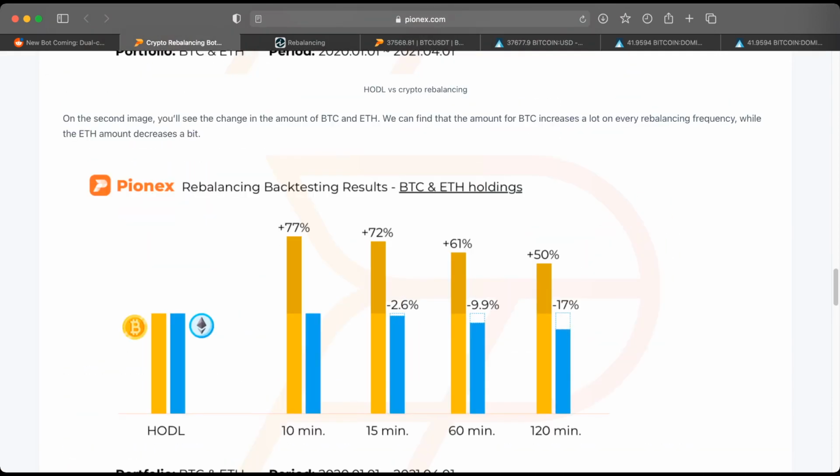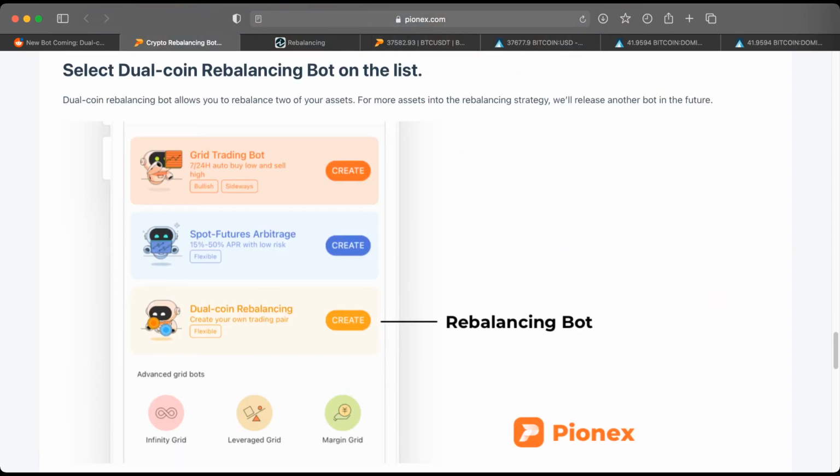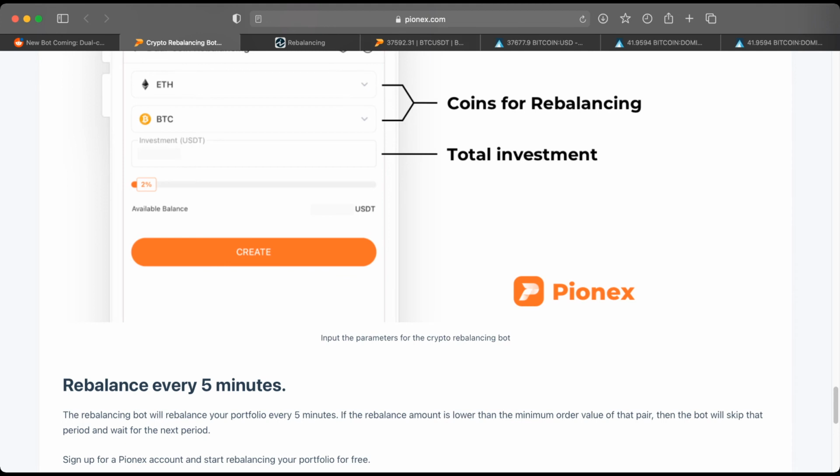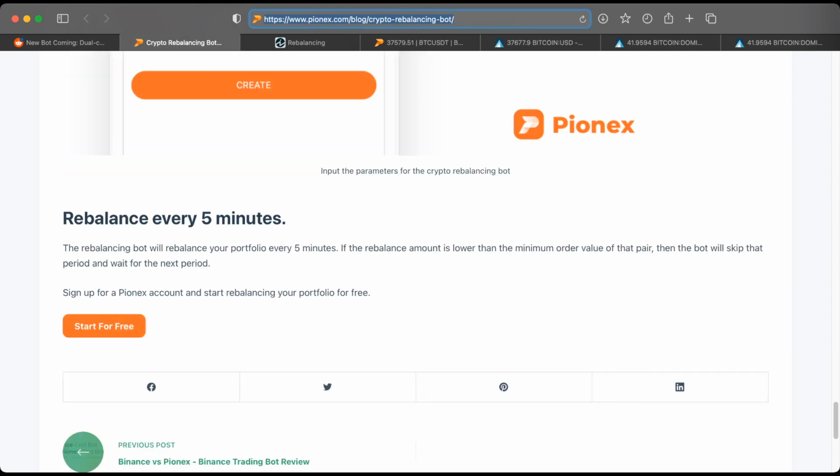We have more examples. If you just hold Bitcoin and Ethereum, you'll have this many coins, and if you hold them with rebalancing, you will have more Bitcoin and Ethereum over time. You should go through this article once before you start your bot.